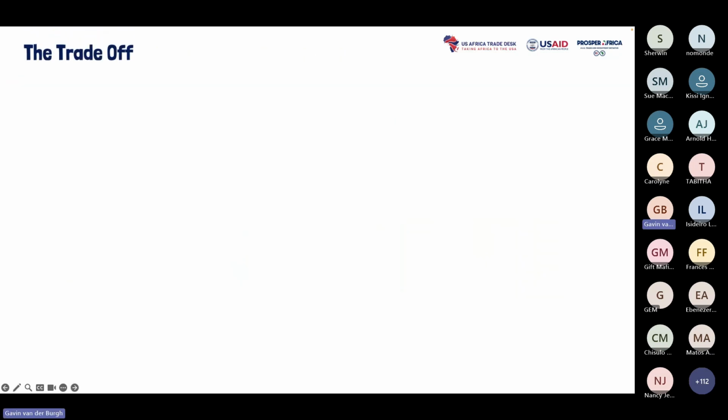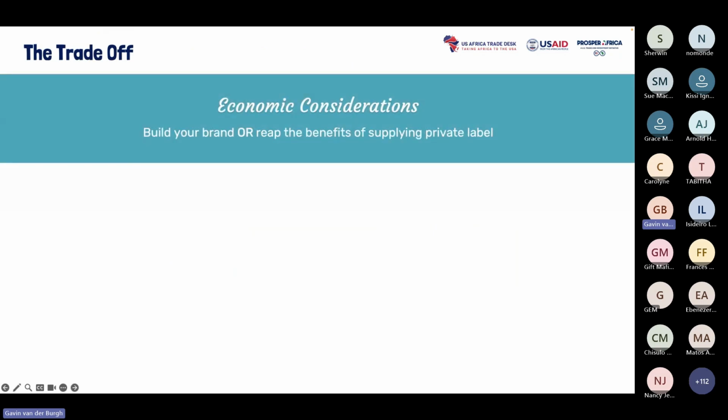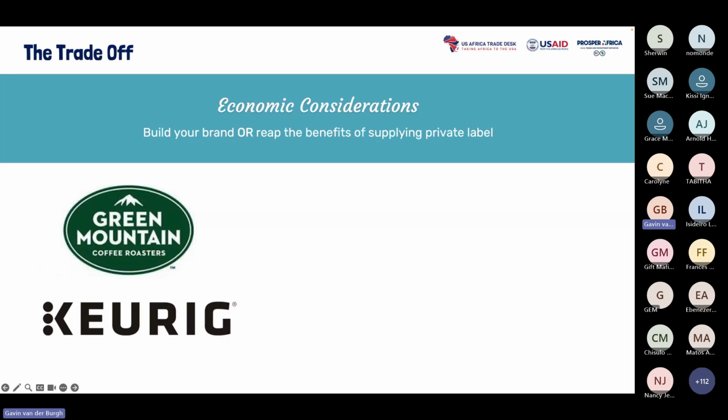So the essential trade-off is, do you build your own brand, or do you reap the benefits of private label? Here's a classic example. Keurig builds coffee machines. They were reliant on Green Mountain to produce the pods.